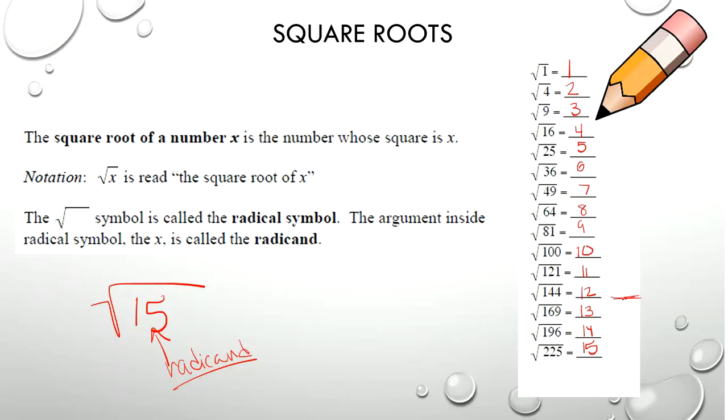Make sure you have those in your mind, because you're going to want to come up with 1, 4, 9, 16, 25, 36, 49, 64, 81, and 100 off the top of your head. It's going to make simplifying square roots a lot easier.